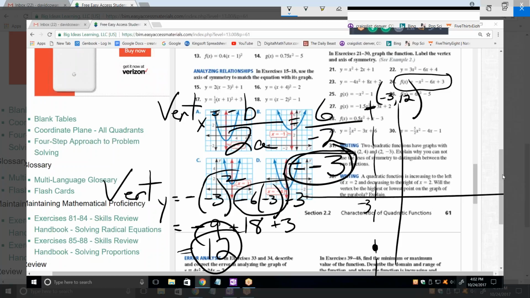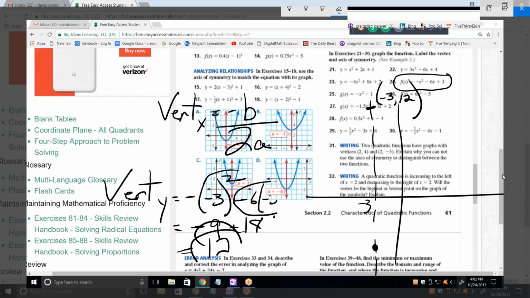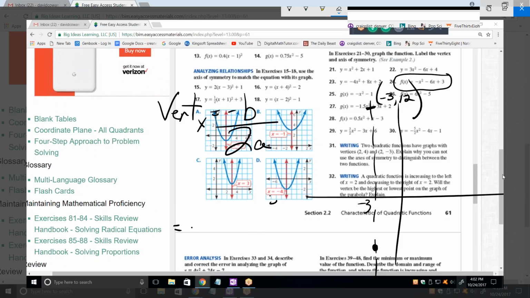It's just a question of where it is. I'm going to erase some of this other stuff so I have room to write. We've found our vertex. That's the most important point to find. It's not the only point we have to find, but it's the most important point.